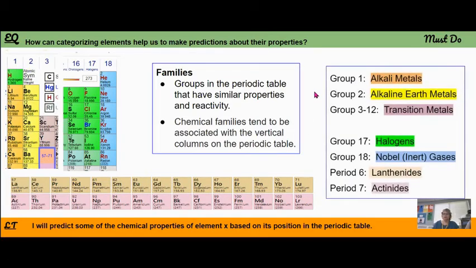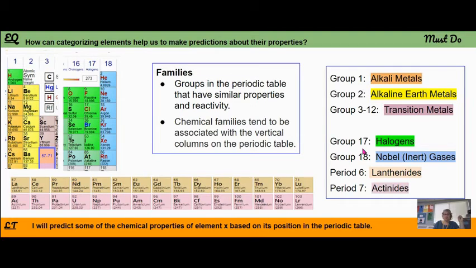And so the families that you need to know are group 1, which is the alkali metals, group 2, which is the alkaline earth metals, and groups 3 through 12, that whole in-between block, which are called the transition metals.